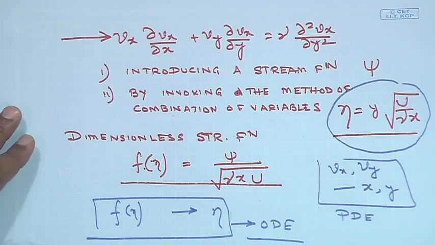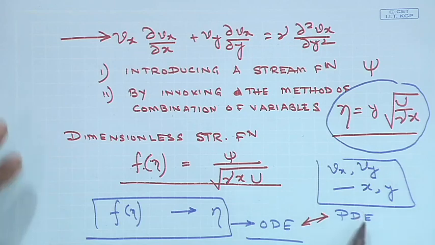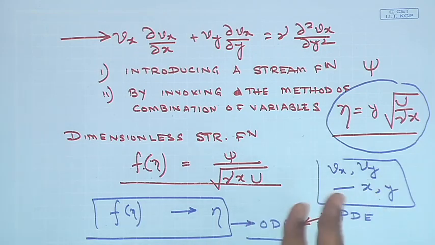So, in the next class I am going to see how this transformation from PDE to ODE takes place, and that would allow us to solve this equation in a more meaningful and easier manner, also eliciting fundamental information about what happens at the edge and on the solid surface for flow inside a boundary layer.